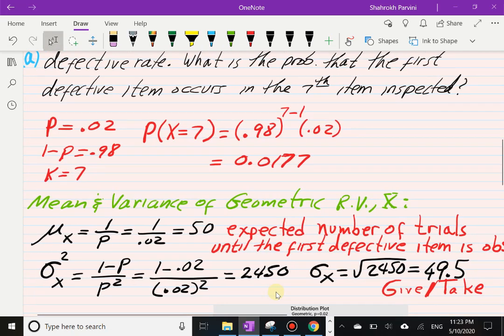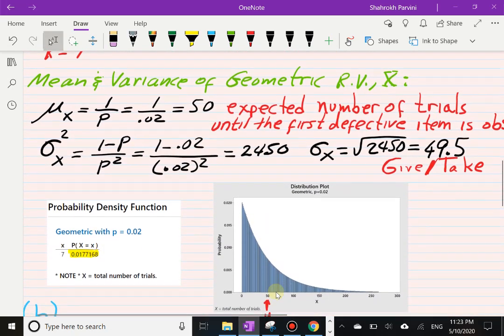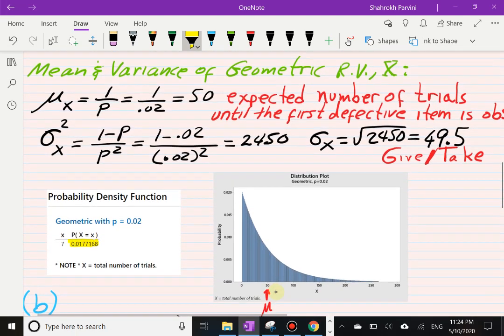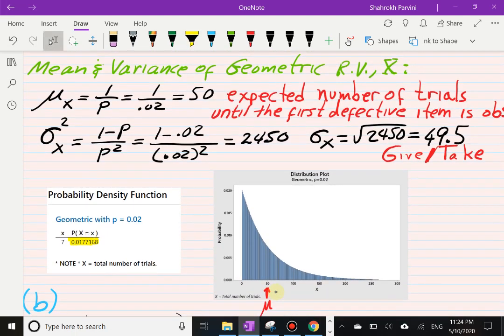And here's how you can get that number we got, the 0.0177. Oh, sorry, I didn't mean to erase that one. Let me put that back. I meant to highlight it. There. We had 0.0177, and that's exactly what Minitab gives me. Now, to the right here is the probability distribution function, the histogram of it, if you will. Notice how skewed that distribution is to the right.